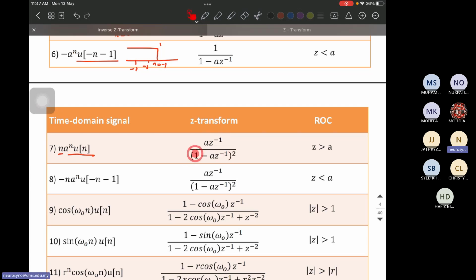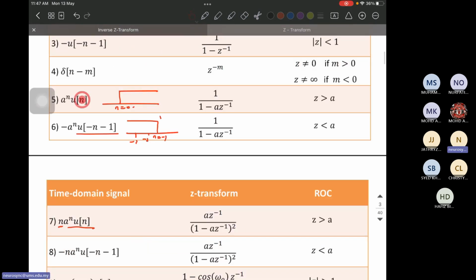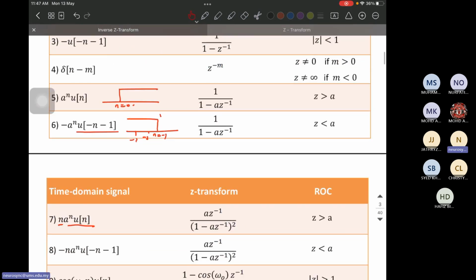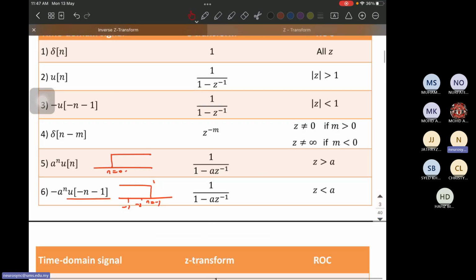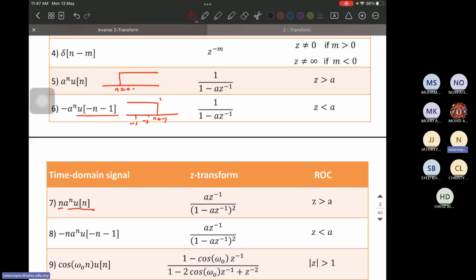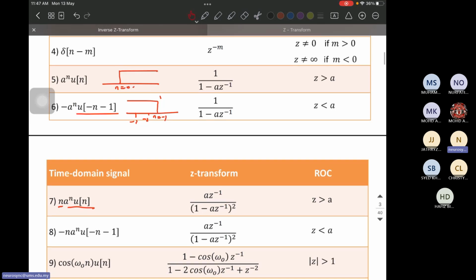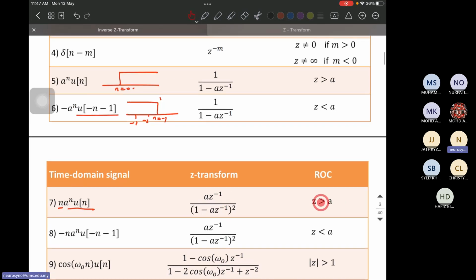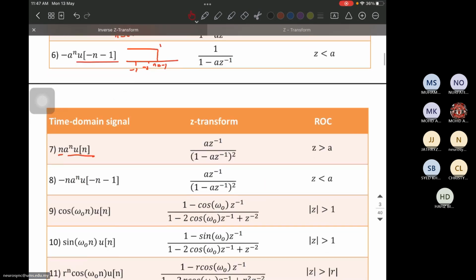This is basically the derivative with respect to z of a to the power n u of n. A to the power n u of n, what is the transformation? This. Okay, and if we take the derivative of this with respect to z, you will get this, and here the region of convergence will be the same, z greater than a.